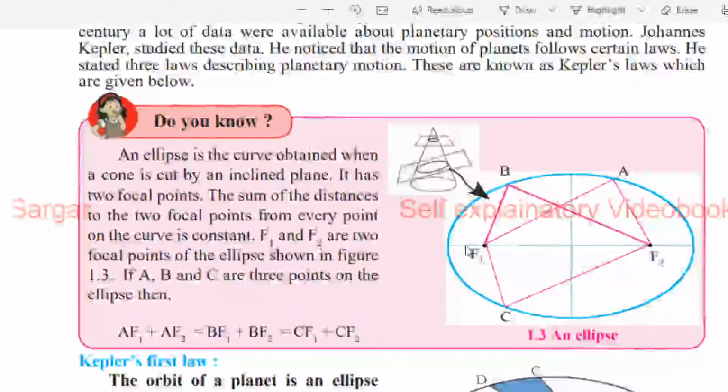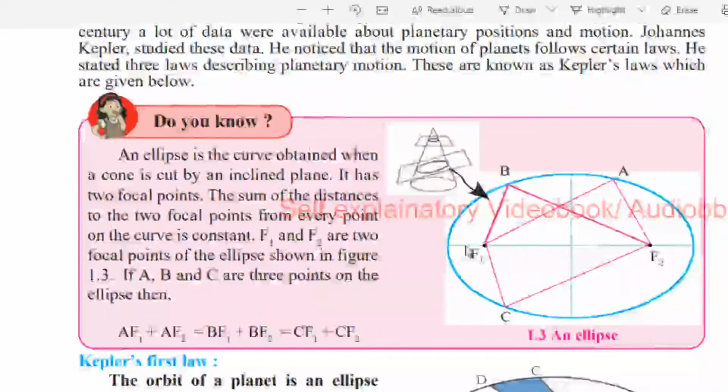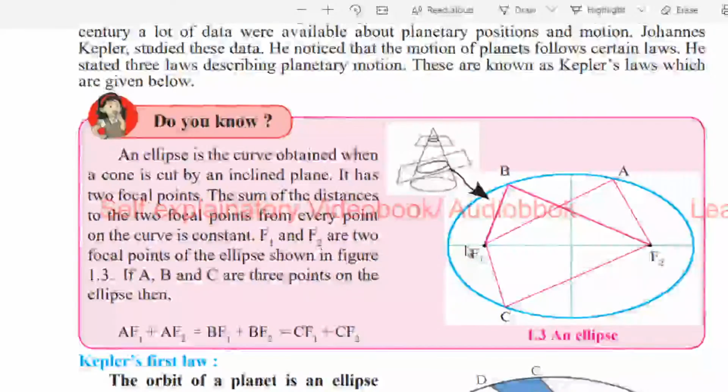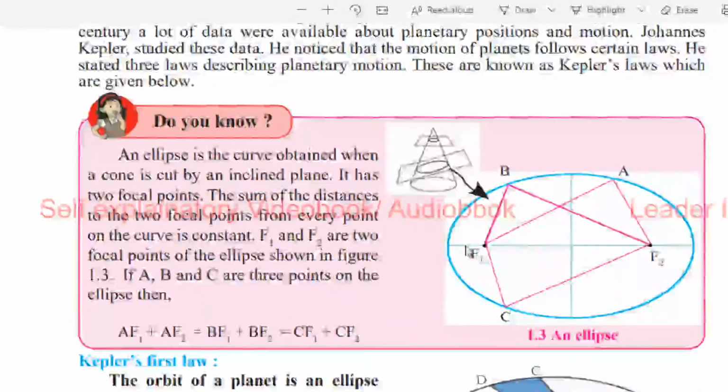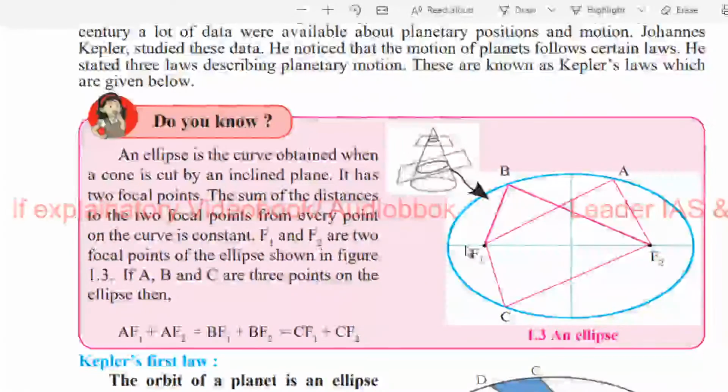F1 and F2 are the two focal points of the ellipse shown in figure 1.3. If A, B and C are three points on the ellipse, then AF1 plus AF2 is equal to BF1 plus BF2, which is equal to CF1 plus CF2.